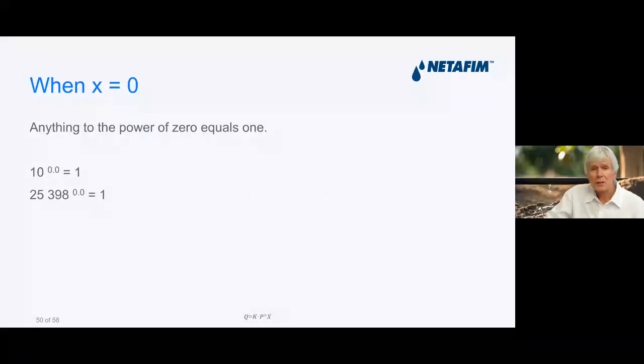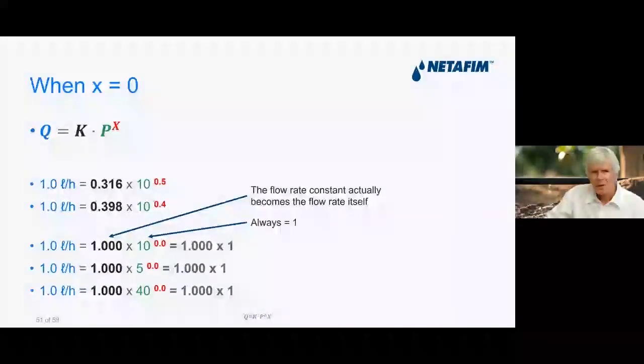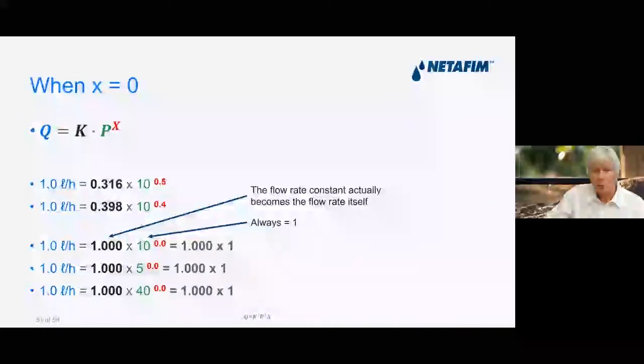Now when X equals 0, as we mentioned a few slides ago, anything to the power of 0 equals 1. So now, if we apply this to our equation, 0.316 times 10 to the power of 0.5 equals 1.